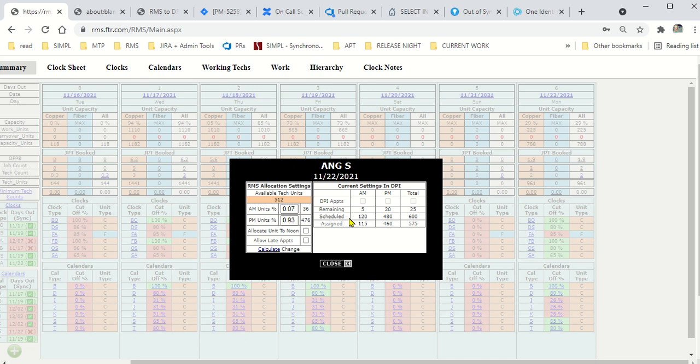And then the PM, current work, 165 units, one job, but I want 480, which means I have 315 units available. 315 doesn't divide by 30, so the easiest that I'm going to be able to do is 330 units.